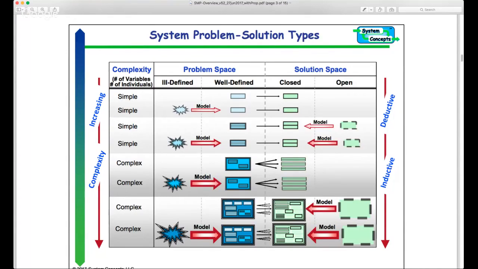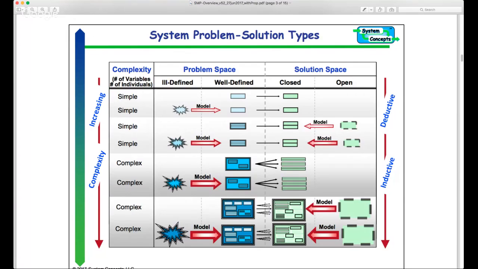The solution space is closed. So these are simple analytical techniques that we can use here. The only job that needs to happen in this first level, where it's well defined and closed, is to determine the values of the variables, or what specific objects are necessary to solve the problem.